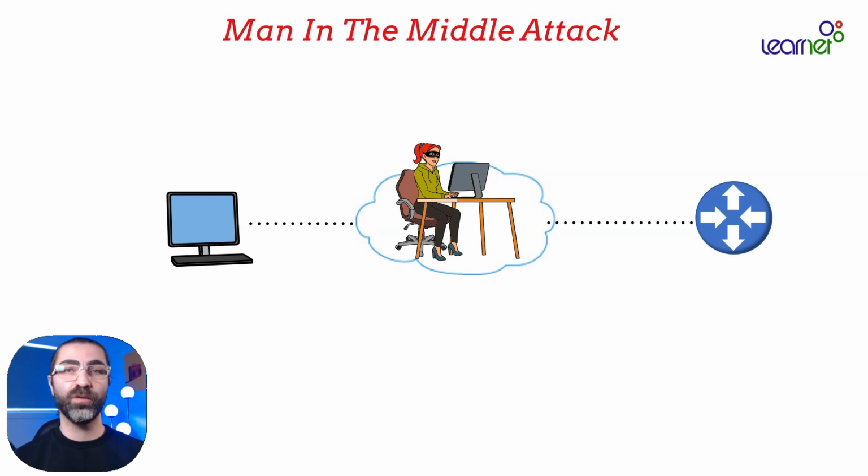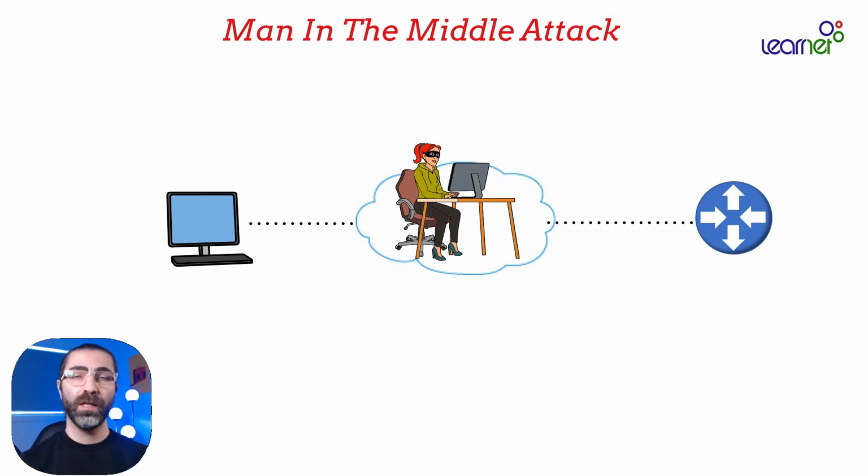That can include very critical data like your credit card information, usernames and passwords, etc. Man-in-the-middle attacks can happen in different scenarios or different types of networks, but our focus today is how this can happen inside local area networks and how we can prevent them using DAI, or dynamic ARP inspection.